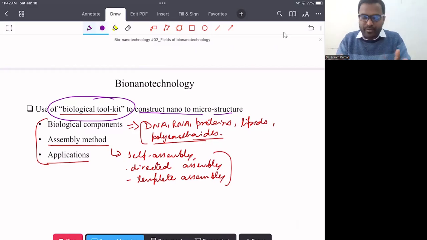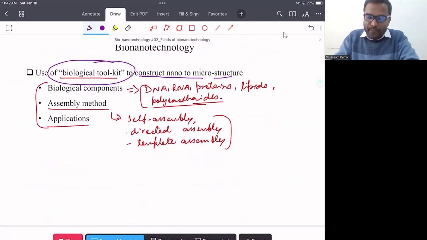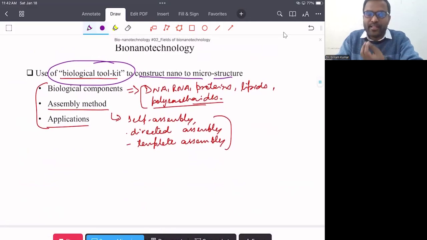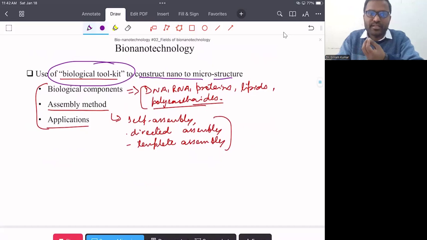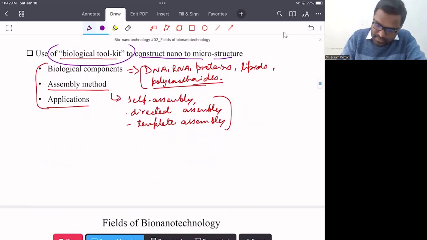If you compare which method is better, this second method is more preferable compared to the first one, because we are using biological materials, biological components.